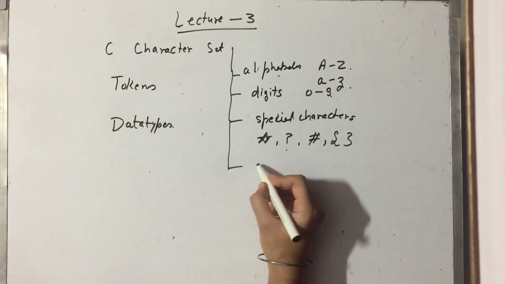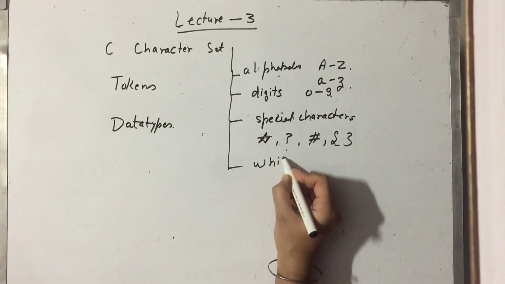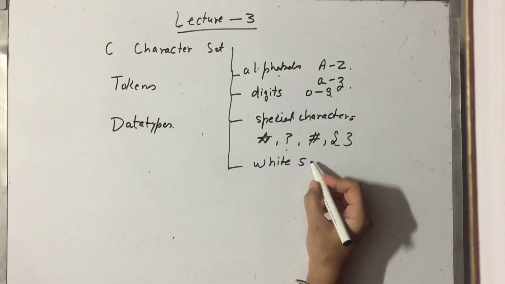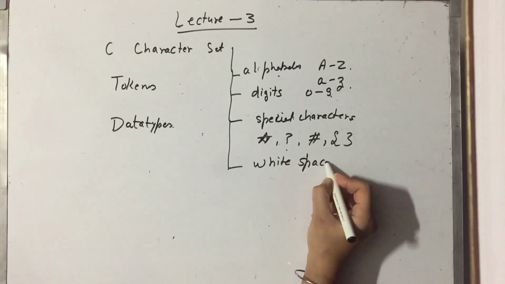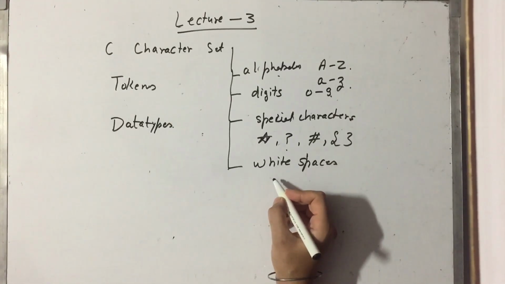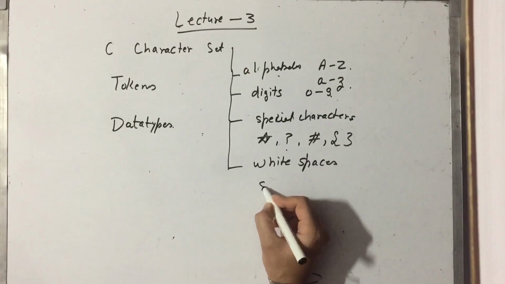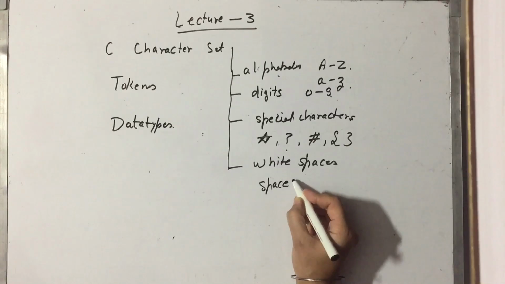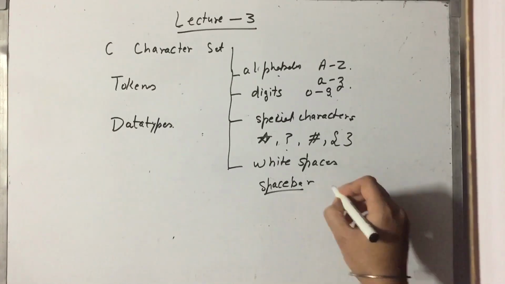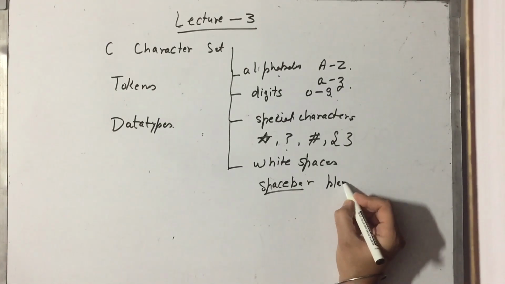Then we have white spaces, which include the space bar, that is the blank space for which we use the space bar. It is basically the blank space.